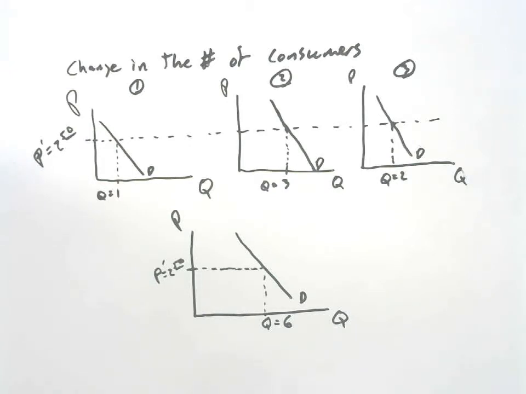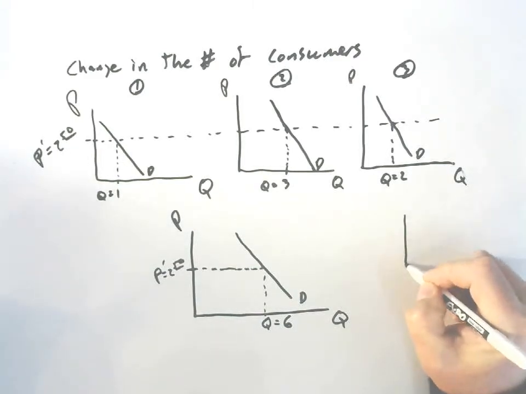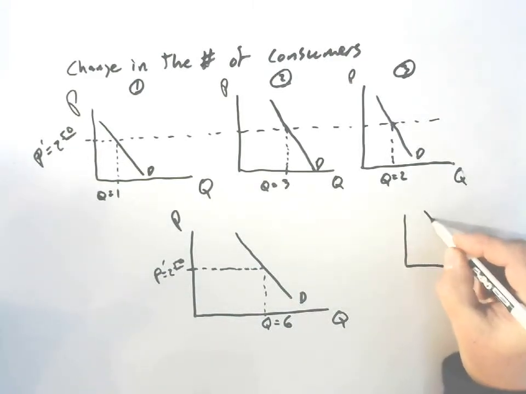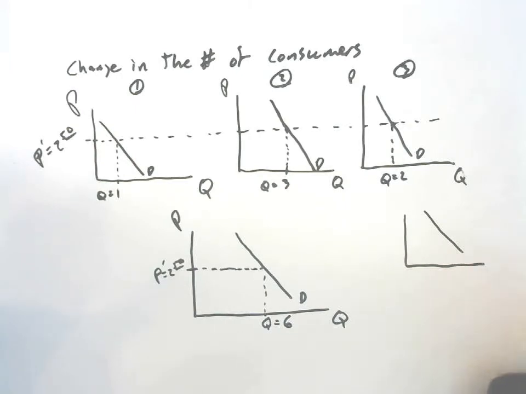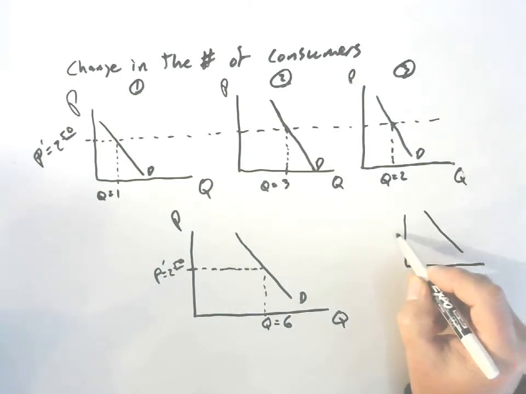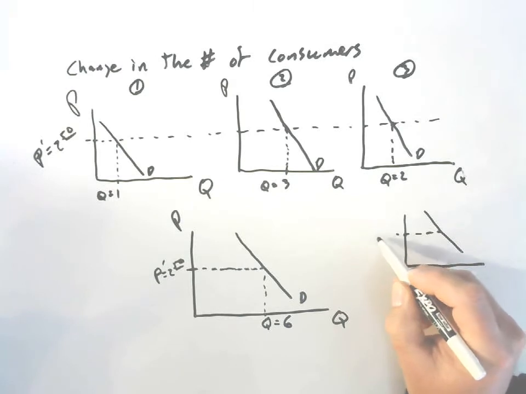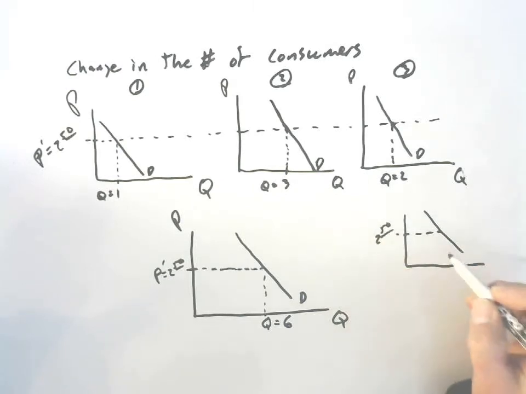Now, what happens when we add more consumers to this market? Well, when we add more consumers, we're adding another demand curve. So assume a fourth consumer comes in, and at $2.50 per hamburger, they will consume one hamburger.